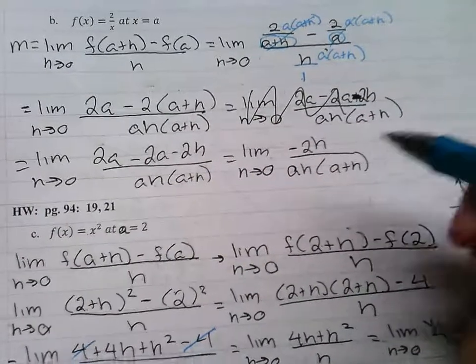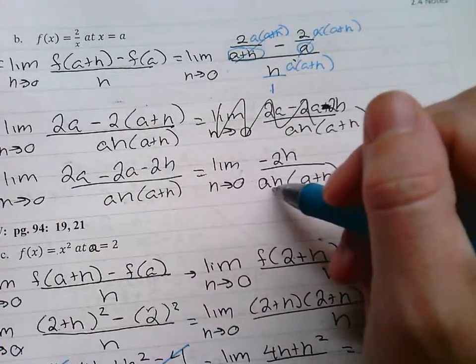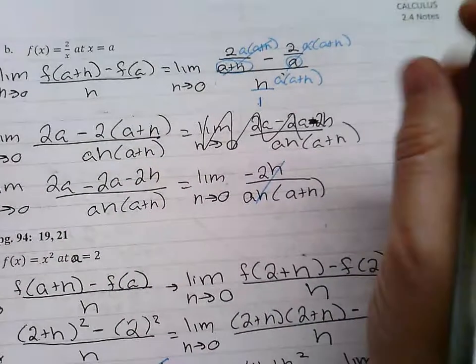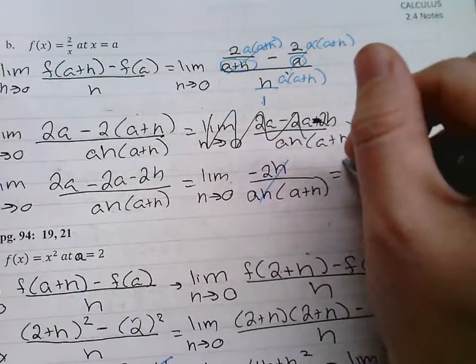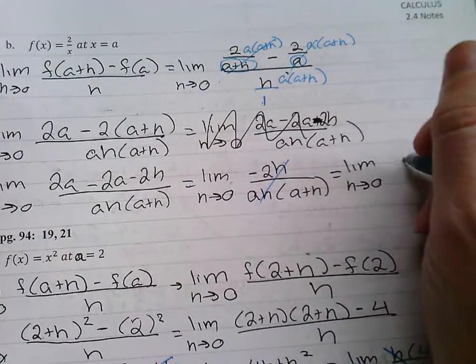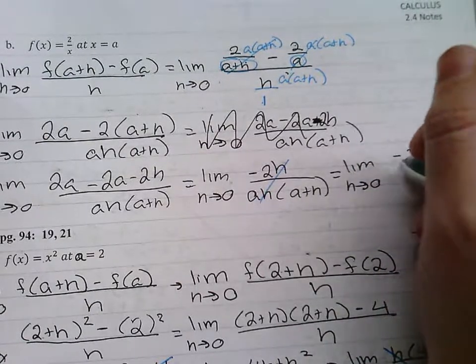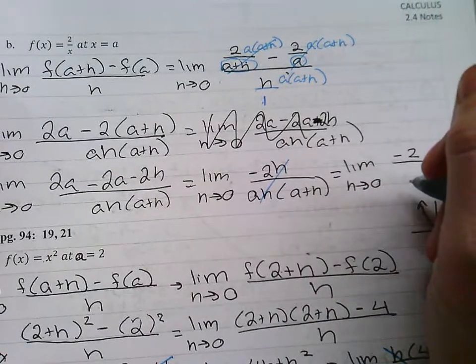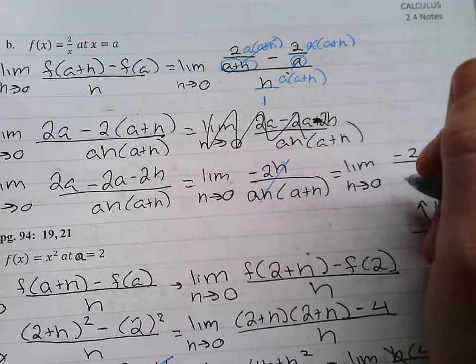Okay. So here you can go ahead and cancel out the h's right here. And then you do the limit as h approaches 0 of negative 2 over a times a plus h.